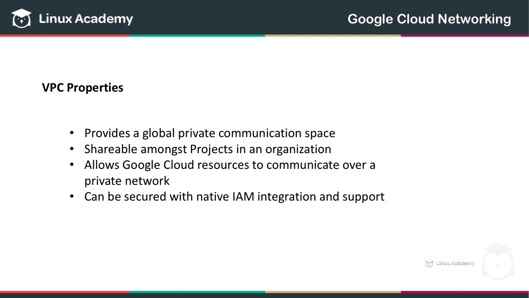It doesn't all have to be in the same project. I mean, all of your resources that you need communication between over this private network don't necessarily have to be on the same project. It allows Google Cloud resources to communicate over a private network, and it can be secured with native IAM, Identity and Access Management, integration and support.